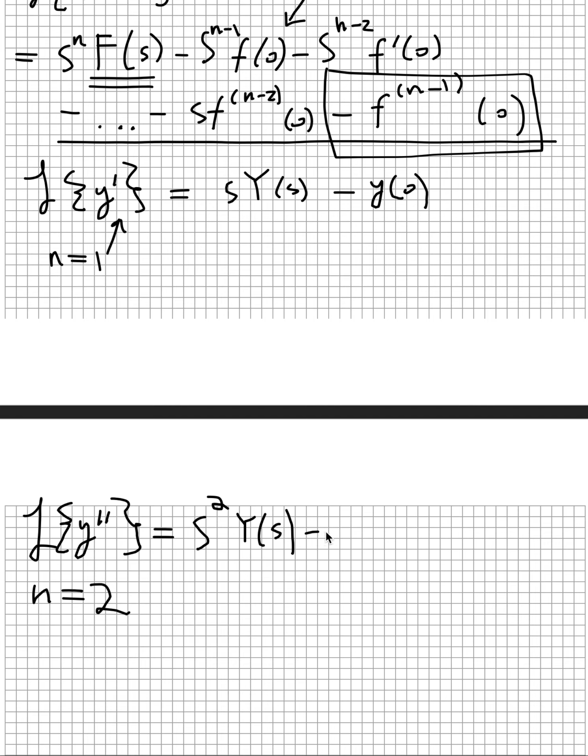And this is being subtracted from s. You go down 1, right? And minus 1, which is what this is referring to, the second term. So it's s to the first power times y of 0, not f of 0, okay? And again, after 1, now we're back down to the 0th power again, so you could probably guess what this next term is going to be.